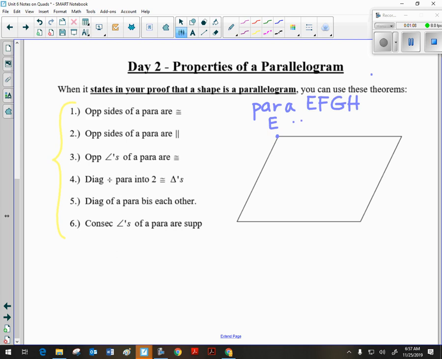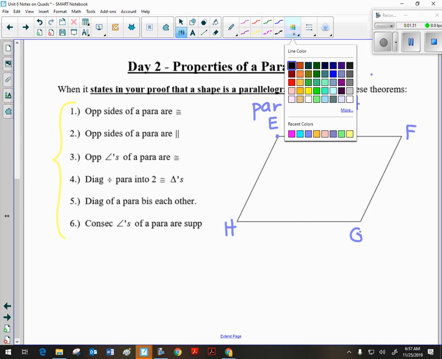So what you'll notice is you'll see me go clockwise around the shape, just like we did with trapezoid, so that when we end, we go right back to the beginning. So that's what you'll see me do most of the time. It really doesn't matter where the E goes, the starting letter, and it really doesn't matter which way you rotate around the shape. You just have to make sure that you go around it and not cut through it.